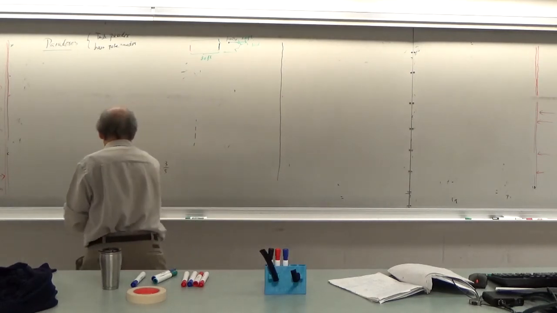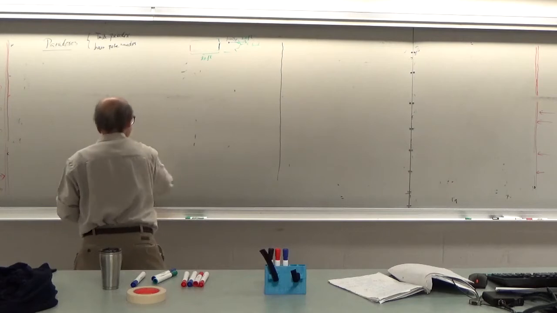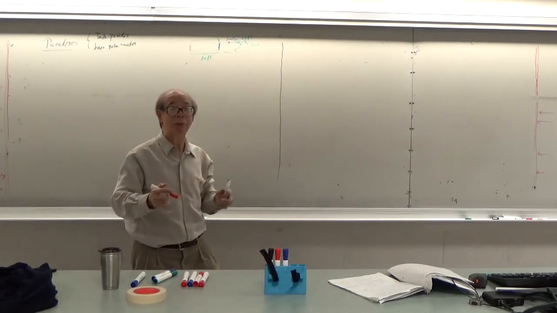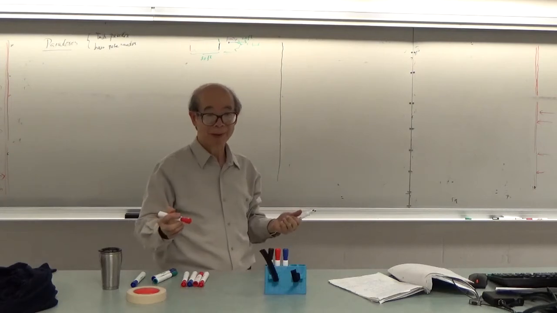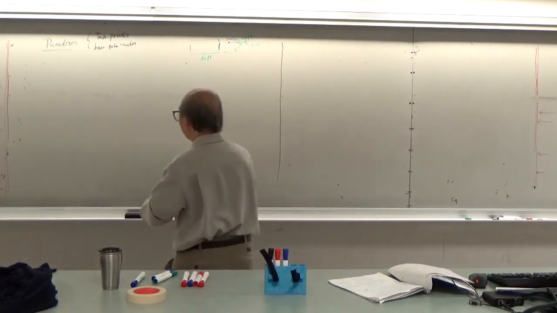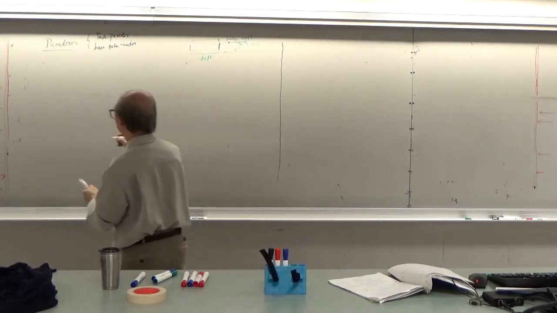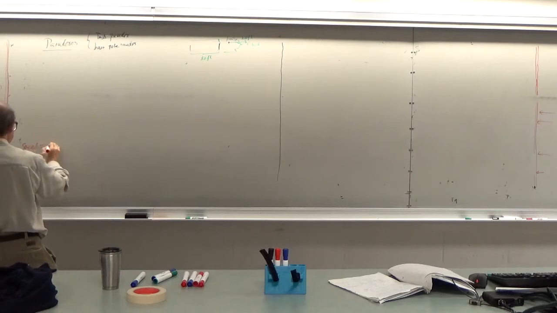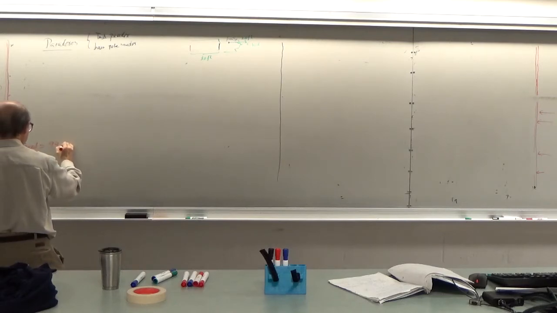So let's say that the runner now is put on a rocket ship. And the rocket ship travels at high speed, and the speed of the rocket ship is 99.5% of the speed of light.